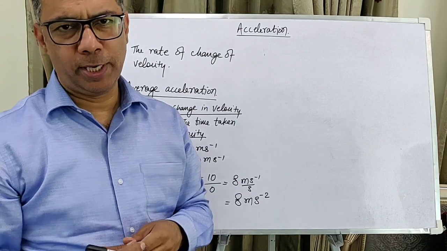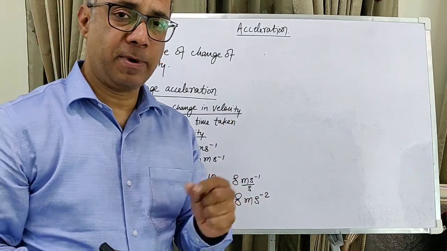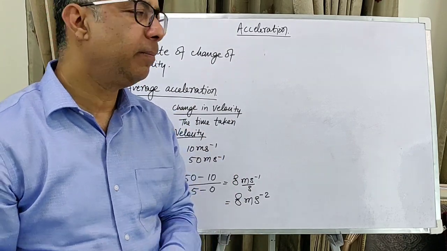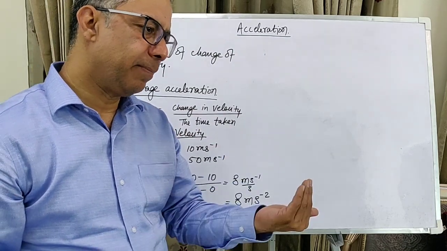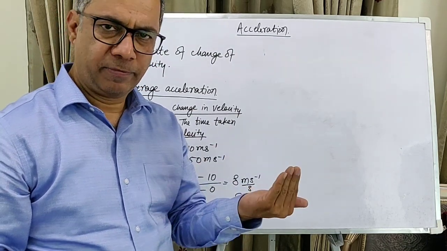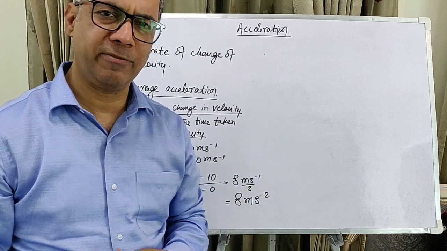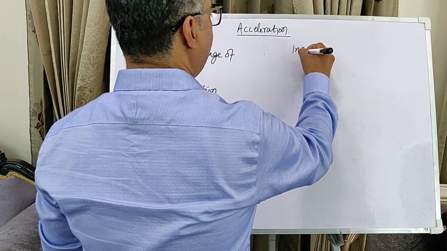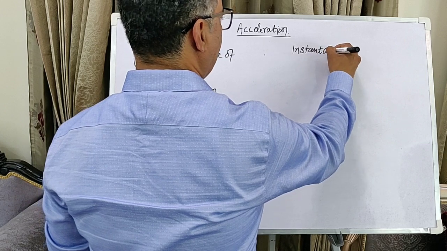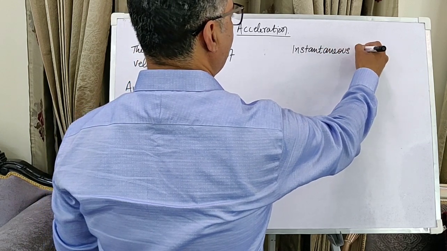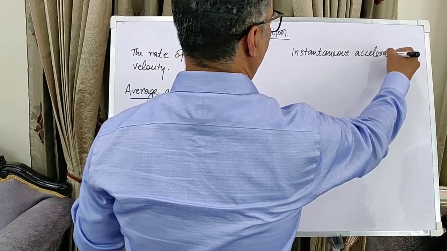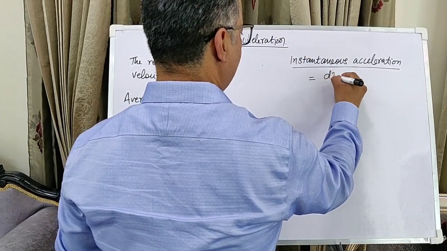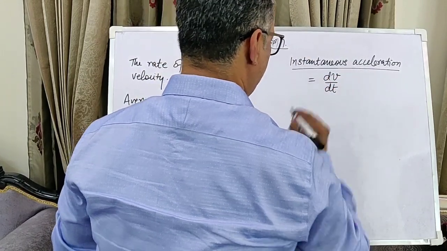So what we'll do is we'll take a very tiny amount of time, something like dt, which is very, very small but not 0, and if the corresponding change in velocity in that time interval dt is dv, then acceleration, the instantaneous acceleration, can be defined as dv by dt.